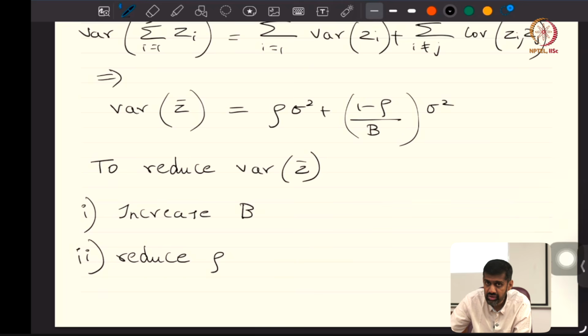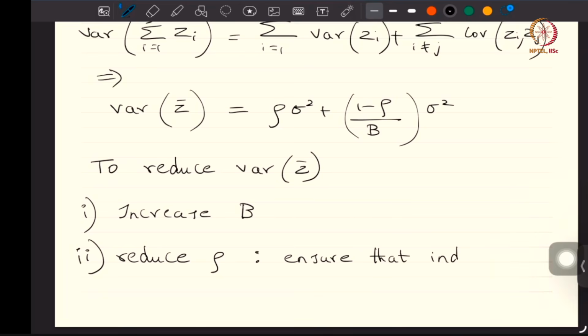How do we do this? Ensure that individual hypotheses are uncorrelated.